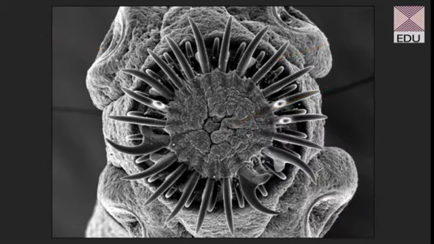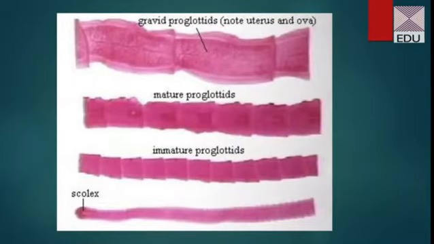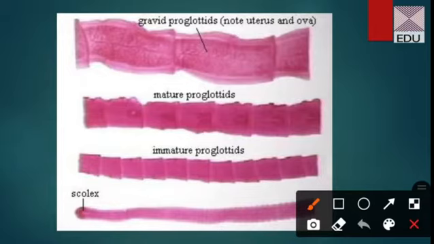Now after this particular slide, we are going further to the body segments. Now students, these are the different types of body segments or proglottids of TAENIA solium. If you see the lower part of the slide, you can very well see the presence of the scolex. So this is the scolex part of TAENIA solium.